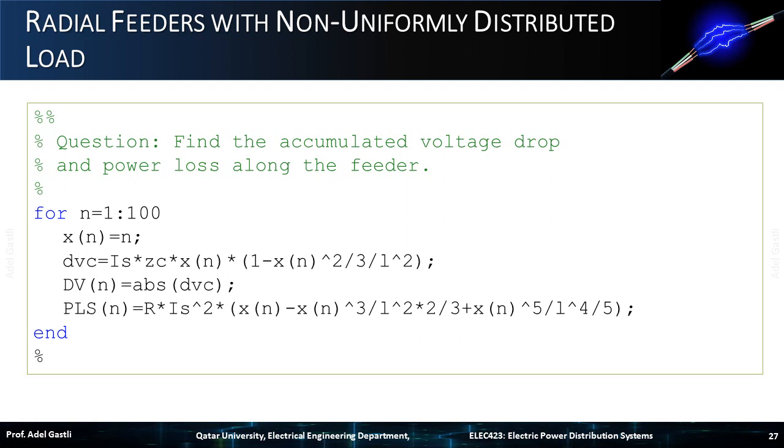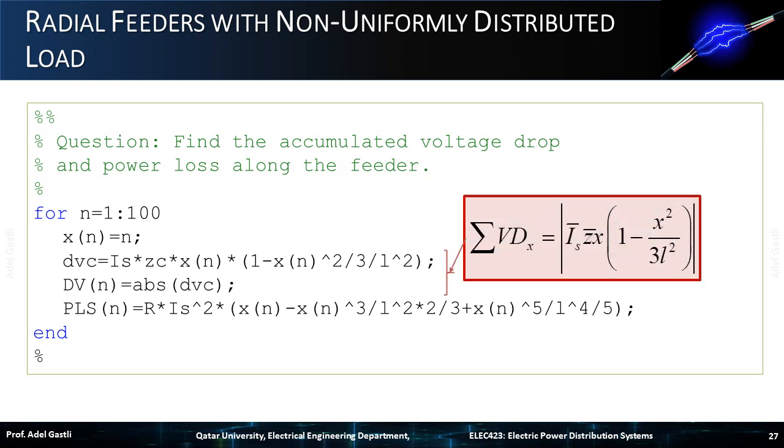For that, we need to use a for loop, in which we vary x from 1 to 100 meters, which is the total length of the feeder. And we calculate the complex value of the accumulated voltage drop, using the given equation. Then, we calculate its absolute value.